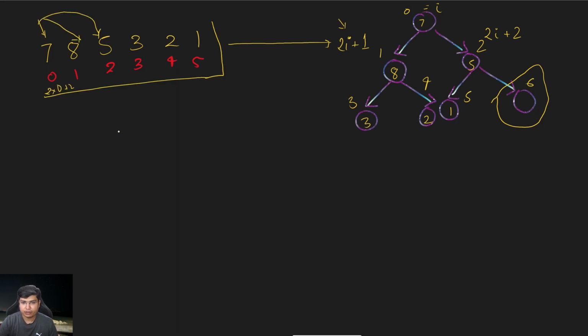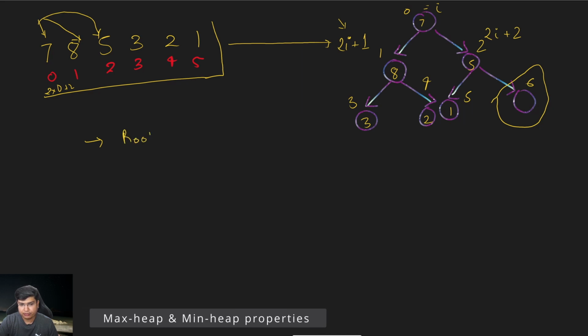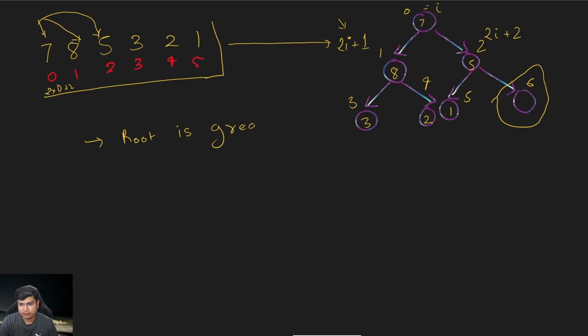Next, we will look at two important constraints that we impose on this data structure. The first constraint is that my root node is the greatest or largest.